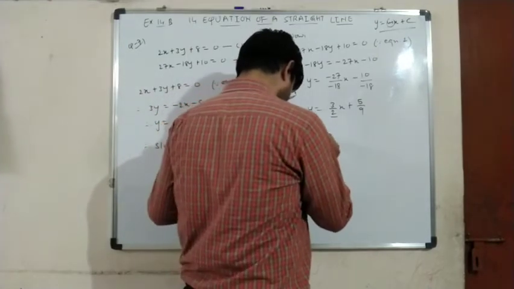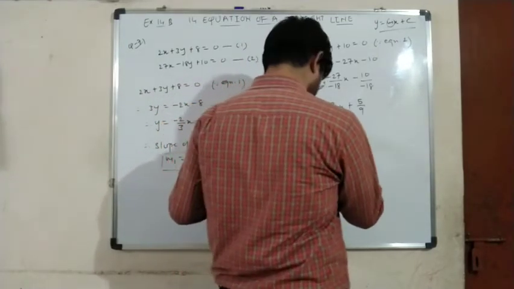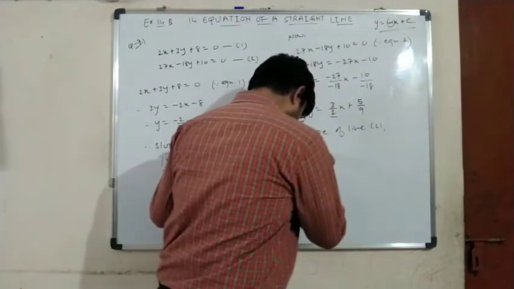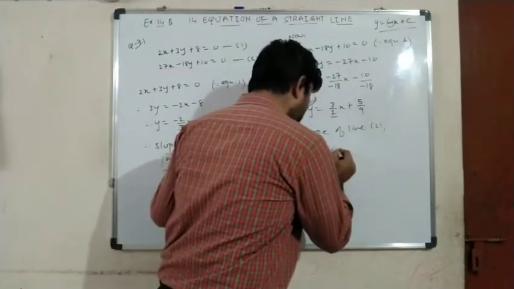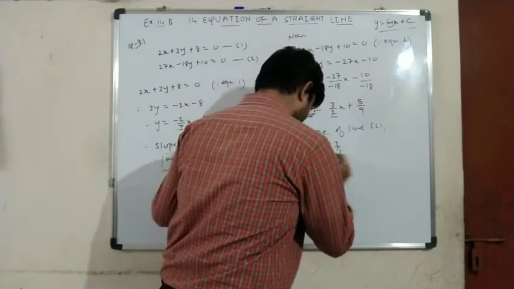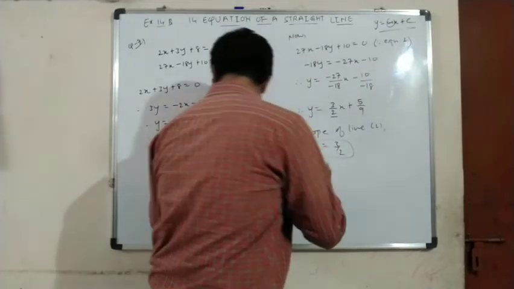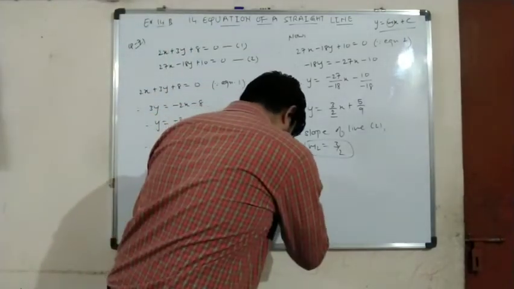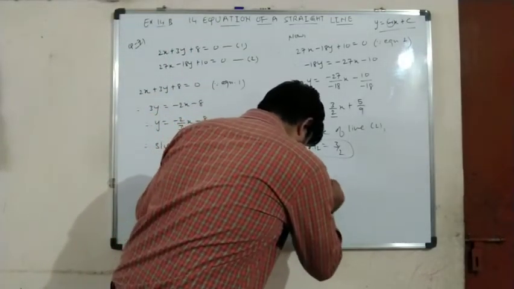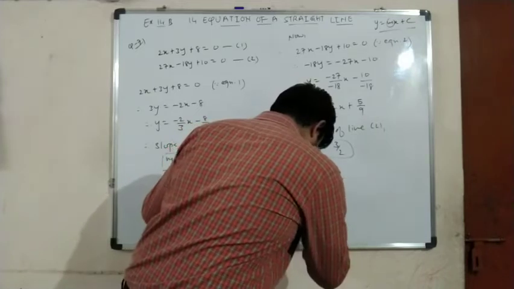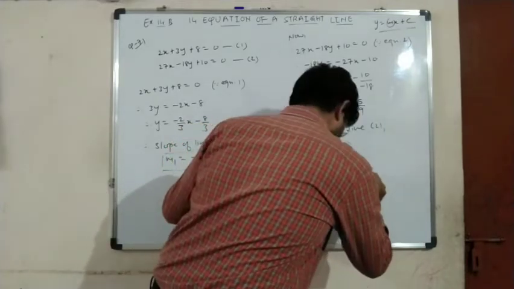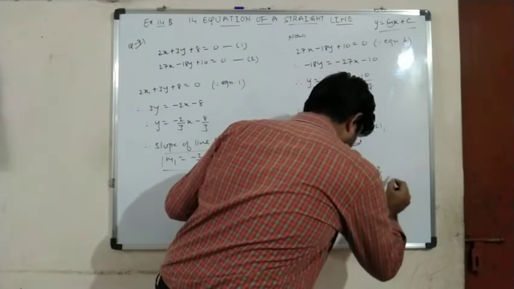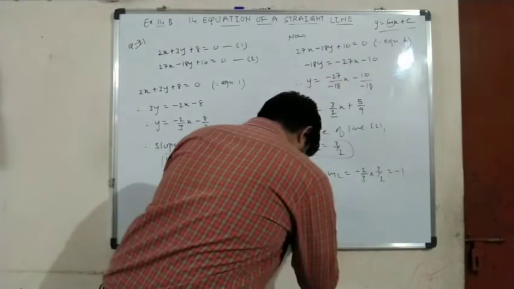Therefore slope of line 2, denoted by m2, is equal to 3 upon 2. Now we will find the product. m1 into m2 is equal to minus 2 upon 3 into 3 upon 2, which is equal to minus 1.